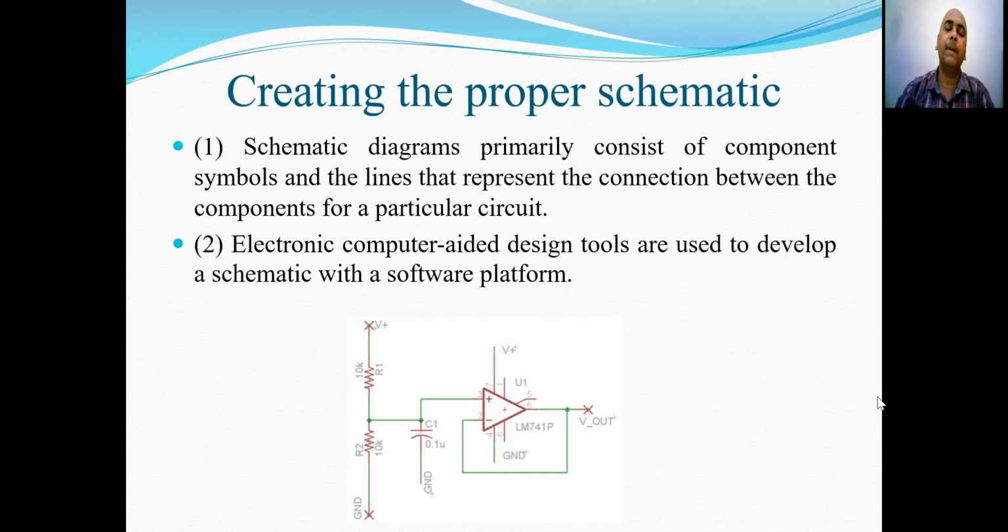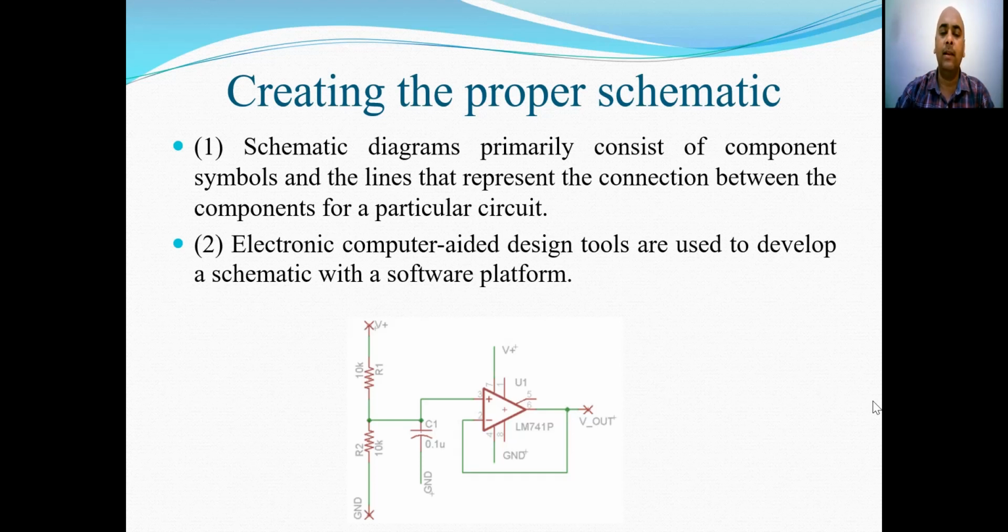The second step in PCB printing is creating the proper schematic diagram of the circuit. The schematic diagram primarily consists of the component symbols and the lines that represent the connections between the components for a particular circuit.